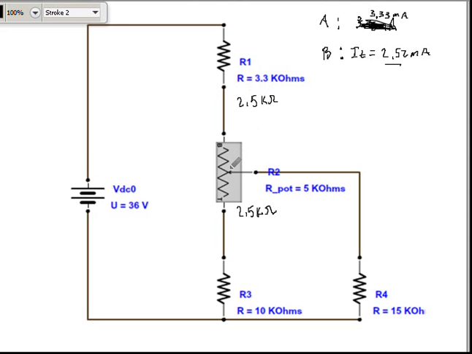So R1 plus half of R2, this side is going to equal 5.8 K. This half I'm going to have 12.5 K on this branch. Well, I've still got 15 K on this branch. I know that my R equivalent is going to be less than 12.5 K.